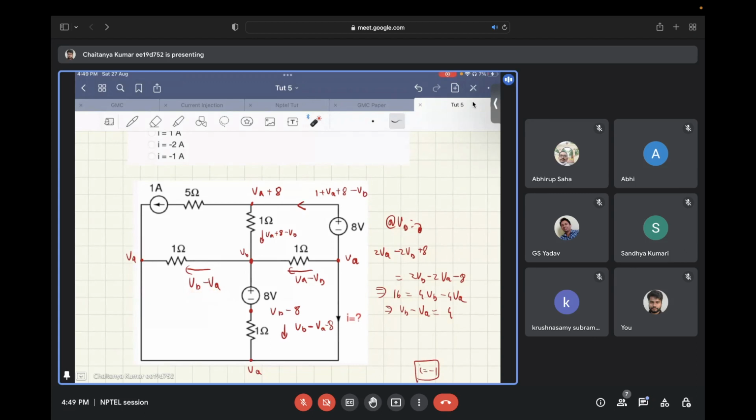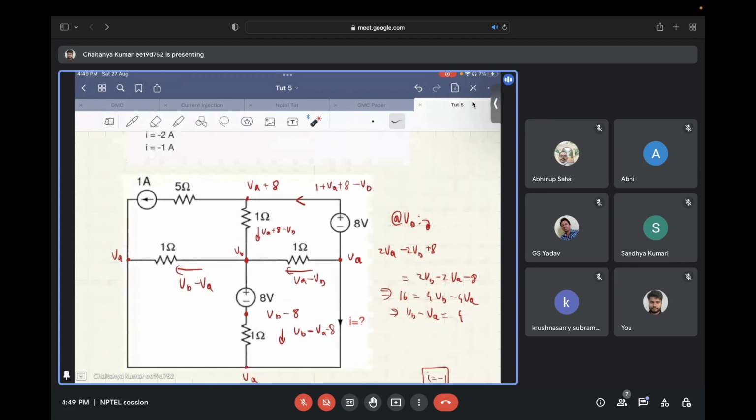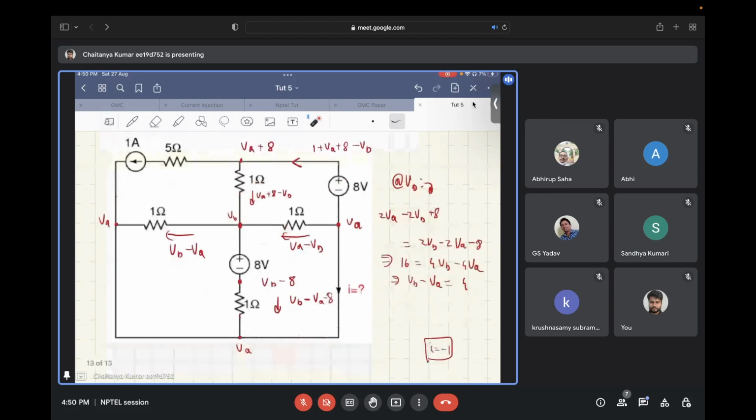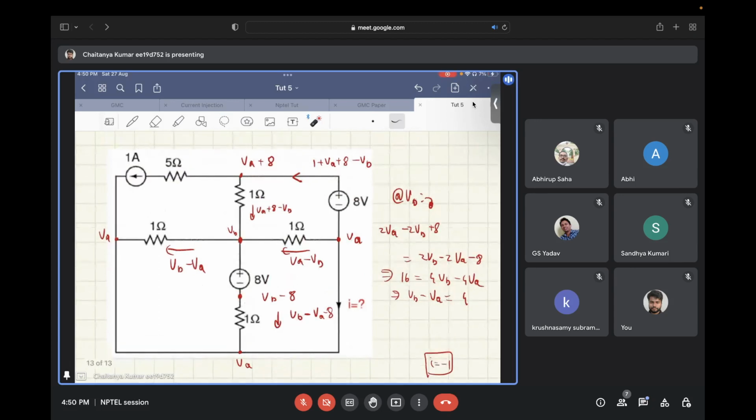I'm dropping the 1 ohm as that will make things a little messy. In this branch you have VA plus 8 minus VB, and in the lower branch, this is VB, and this is VB minus 8, so the current flowing is VB minus VA minus 8. From this, you can calculate.